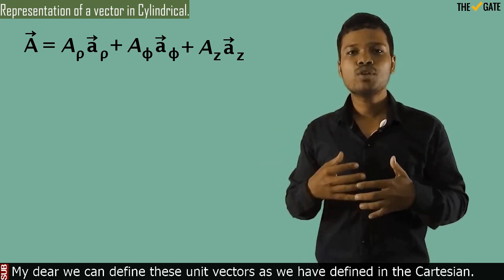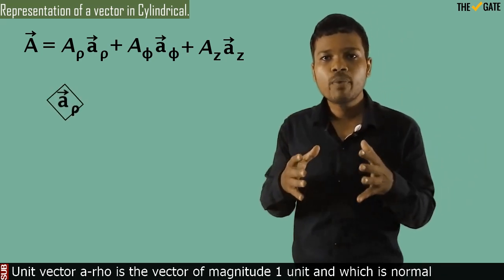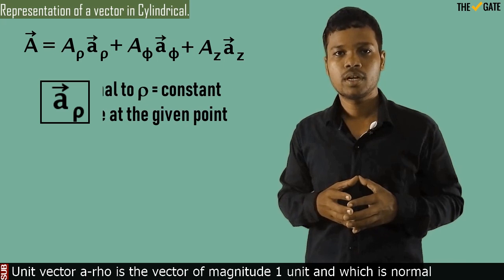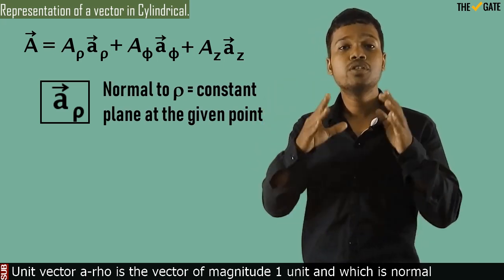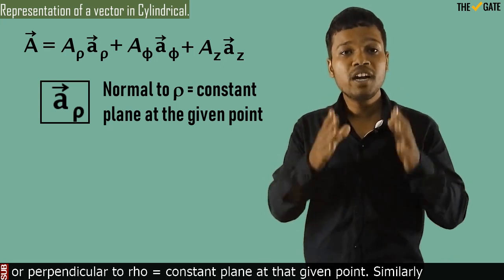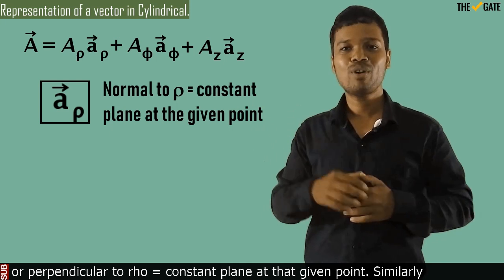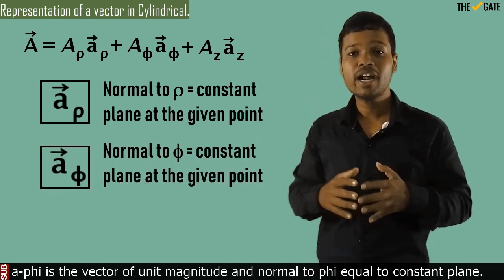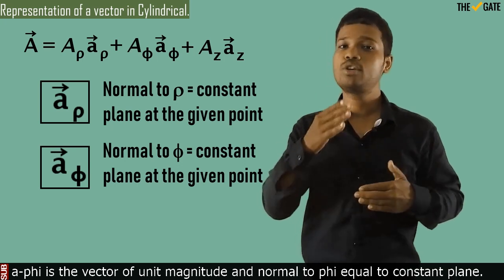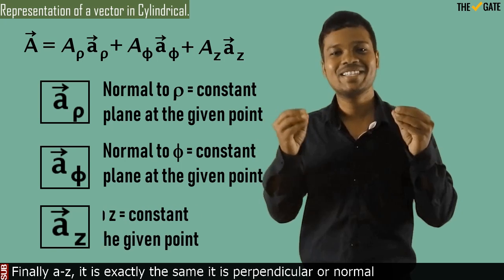We can define these unit vectors as we have defined in the Cartesian. Unit vector a rho is the vector of magnitude 1 unit and which is normal or perpendicular to rho equal to constant plane at that given point. Similarly, a phi is the vector of unit magnitude and normal to phi equal to constant plane. And finally, az is exactly the same.